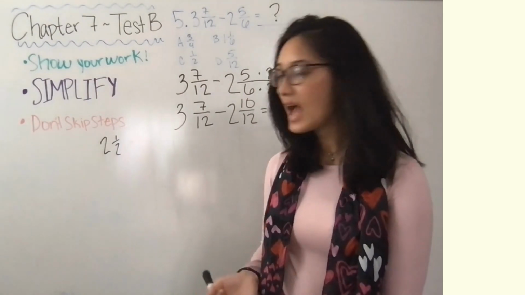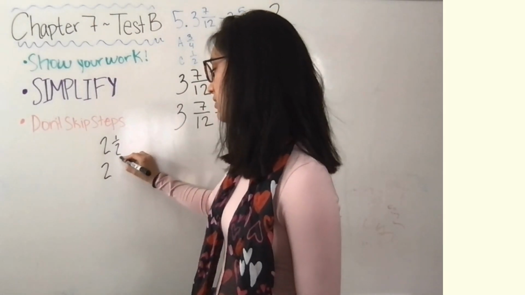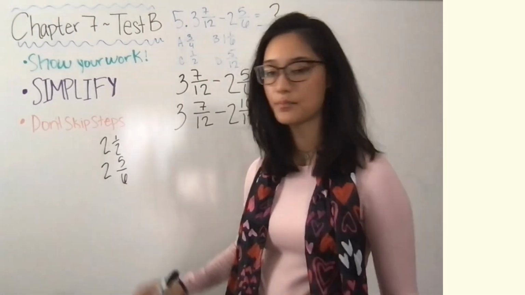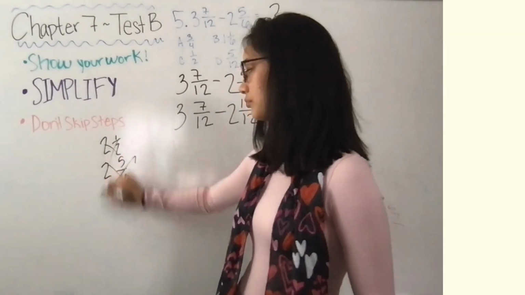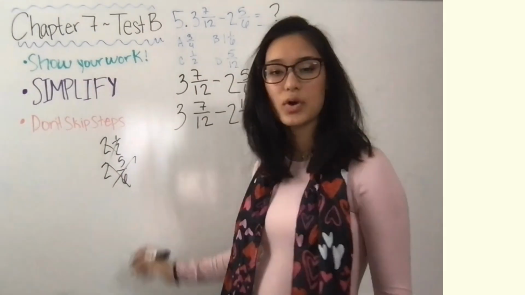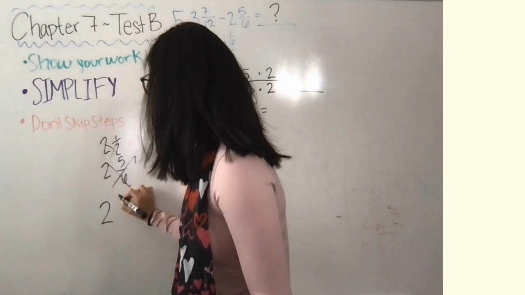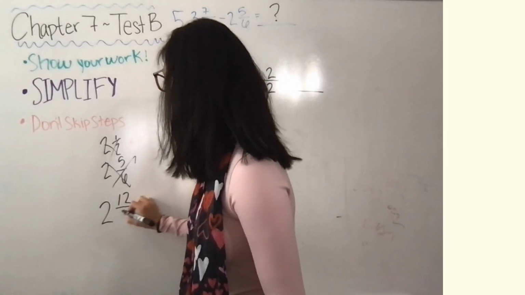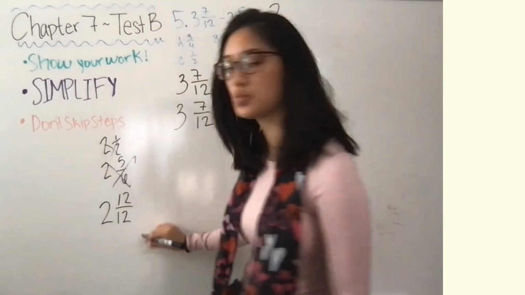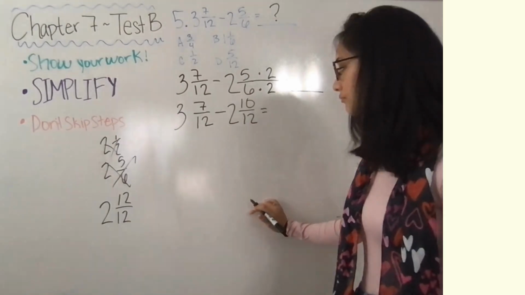No, you're missing a half. Is 2 and 5/6 the same? No. And you have to have the common denominator. So what's really the same as 3? 2 and 12/12 is the same as 3.